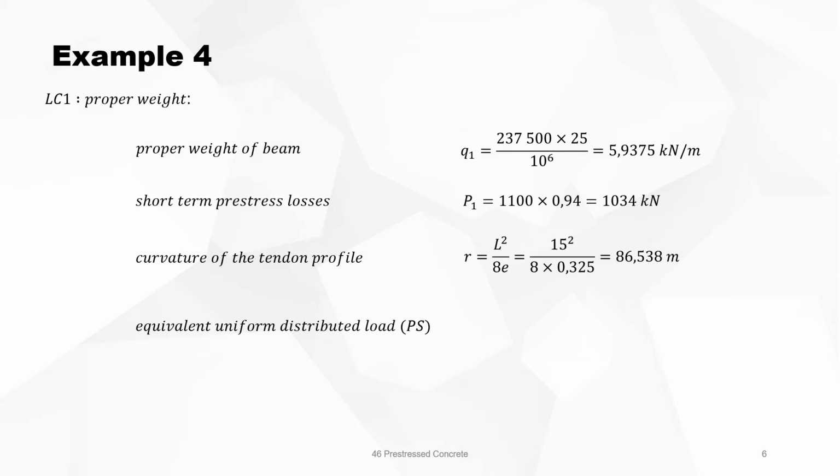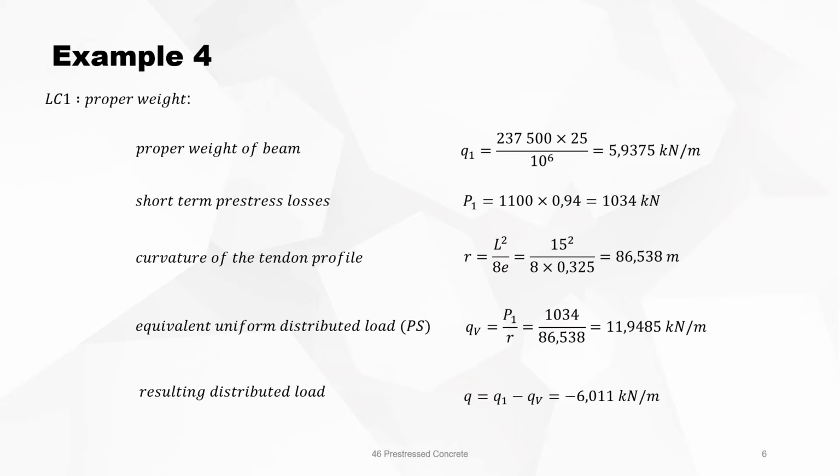The equivalent uniform distributed load caused by the pre-tensioning is then P over R, it's 11.9 kilonewton per meter. And now we will work with a resulting distributed load. It means that we will subtract the two uniform distributed loads from each other, and we only work with the total distributed load, which is minus 6 kilonewton per meter.